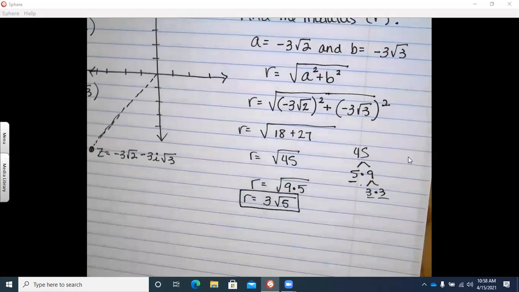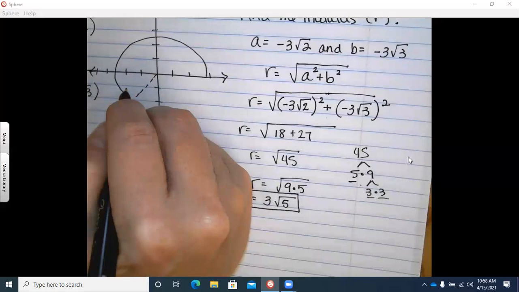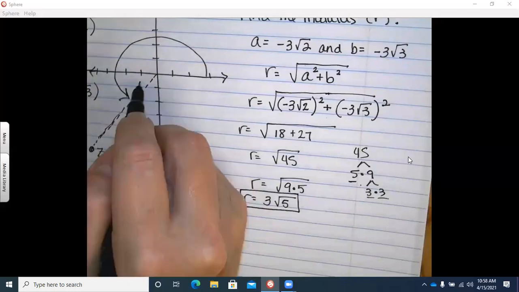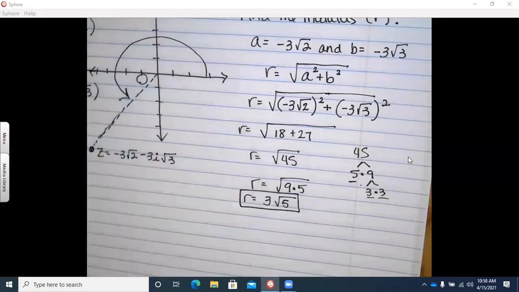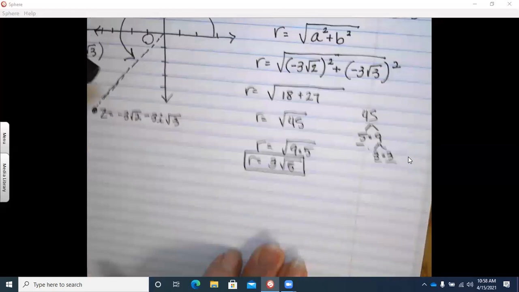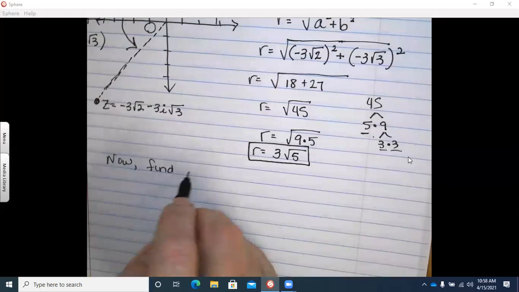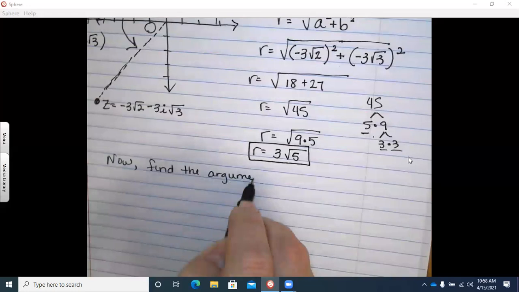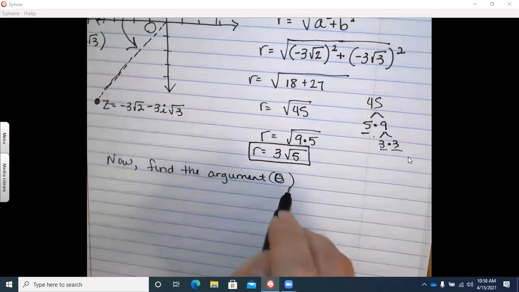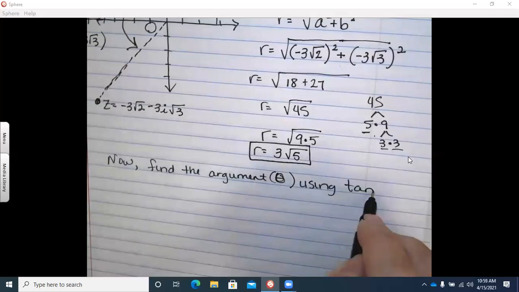Now we've got to figure out what theta is of this circle. So we'll probably figure out what the reference angle is, right? And go from there. Let's see what we have. So now find the argument, which we know is what we refer to as theta, using tangent of theta equals b divided by a.